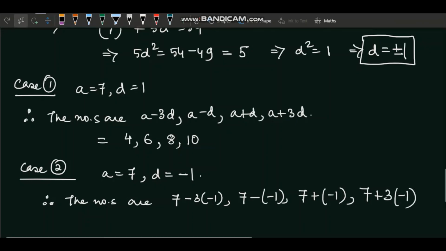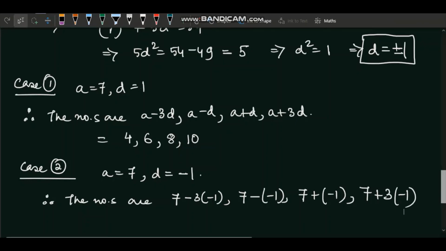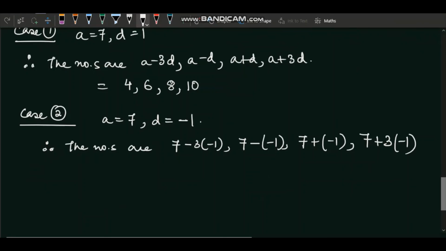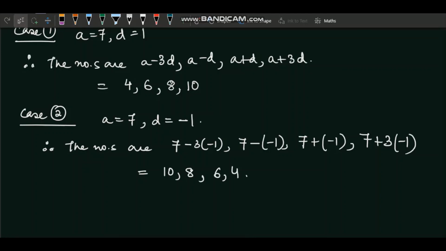So what do you see? You get the same thing just in the opposite order. So this is going to be 10, 8, 6 and 4. So the numbers which are in AP are 4, 6, 8 and 10. Taken in any order, they will satisfy the condition.